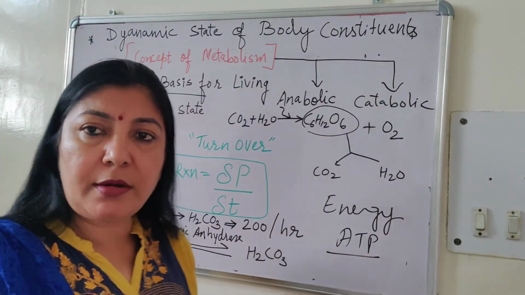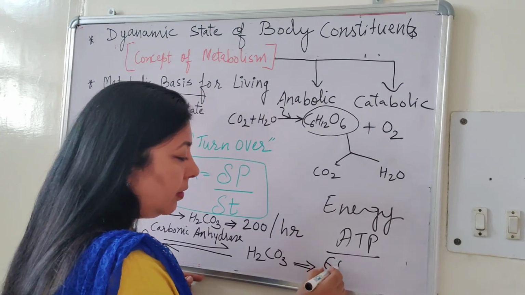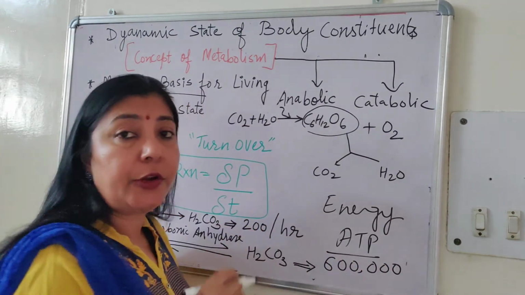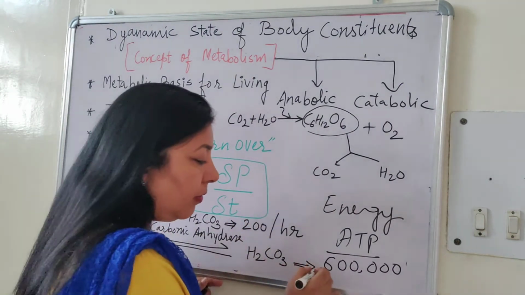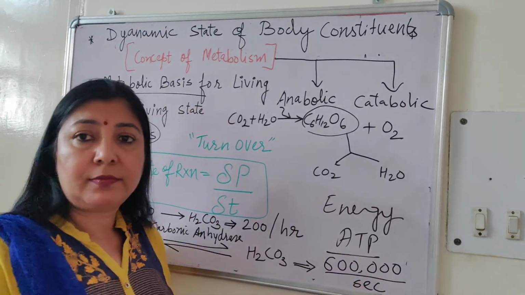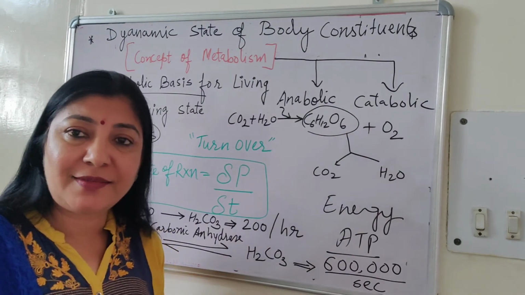But do you know what the rate will be? 6 lakh molecules will be produced. Not in 1 hour. It will be per second. Can you see how fast the reactions are?